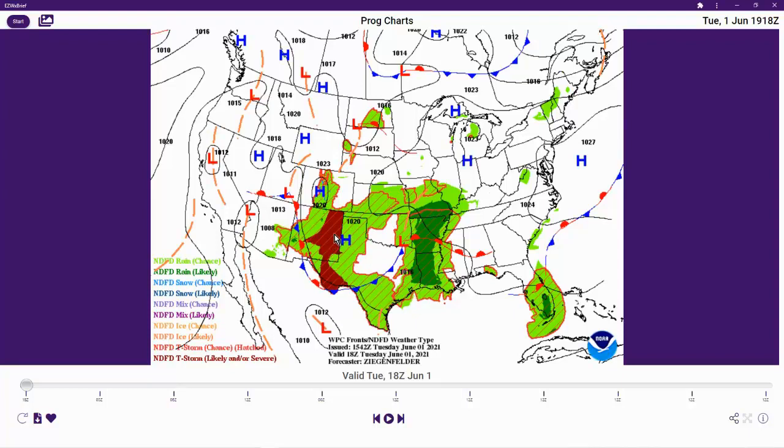In this case, the hatched areas in light green mean it's likely a 15% up to 55% chance, except where you see the darker red areas, and that's a more likely case, so you're dealing with a 55% or greater chance, and you could be dealing with severe weather.